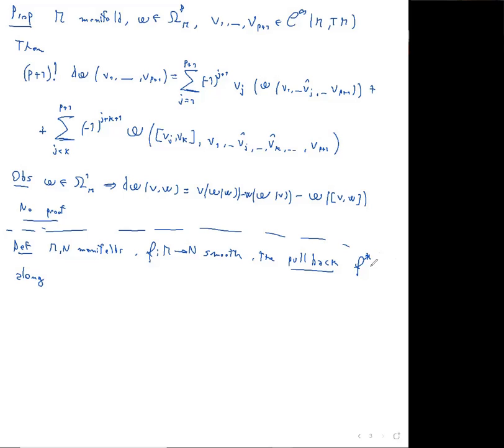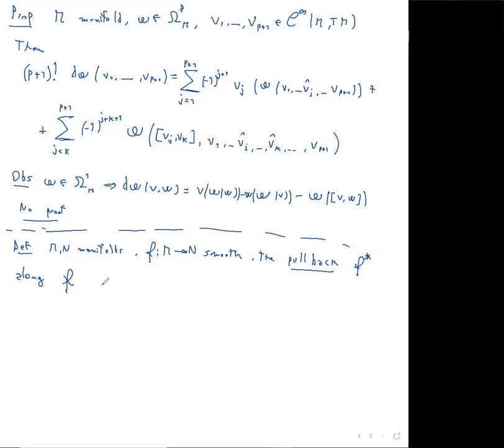Careful, because some authors use f lower star for something else. So it's important that the pullback is f upper star. This is called the pullback along f.